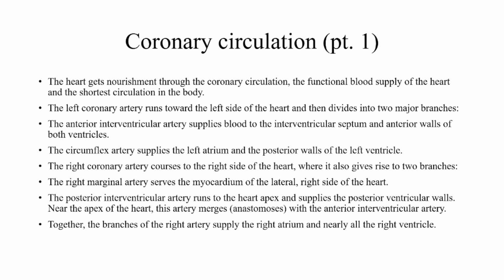This artery runs to the heart apex and supplies the posterior ventricular walls. Near the apex of the heart, so again, that bottom section, if you remember from the first diagram, this artery merges with the anterior interventricular artery. Together, the branches of the right artery supply the right atrium and nearly the entirety of the right ventricle.